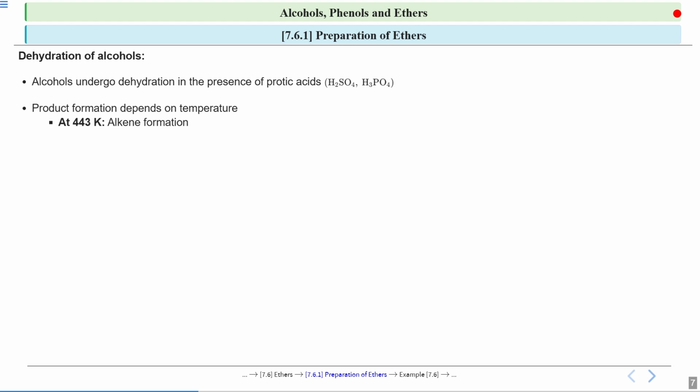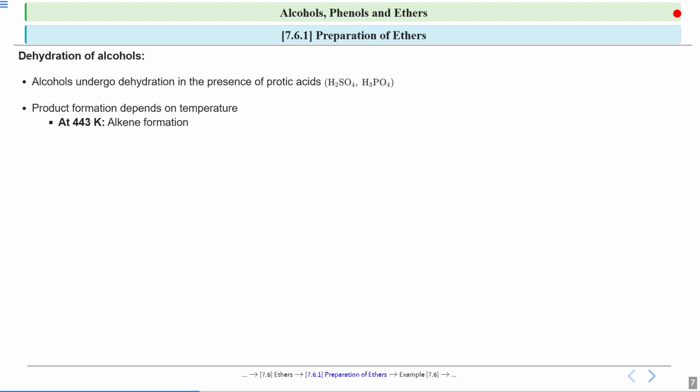Now what happens in this dehydration of alcohols? Whether an ether will be formed or an alkene will be formed depends upon your reaction conditions. Whenever you are taking an alcohol in the presence of a protic acid, it is not always necessary that an ether will be formed.